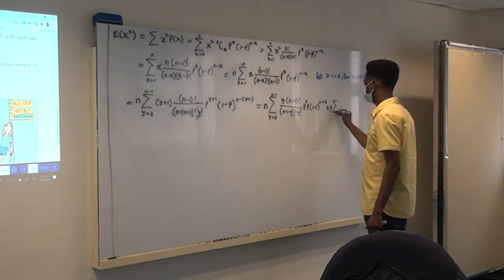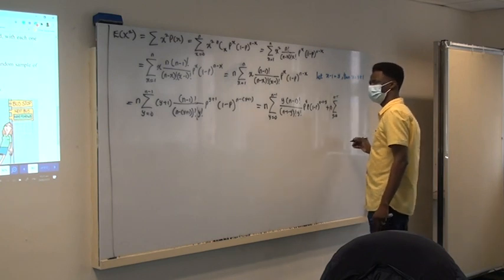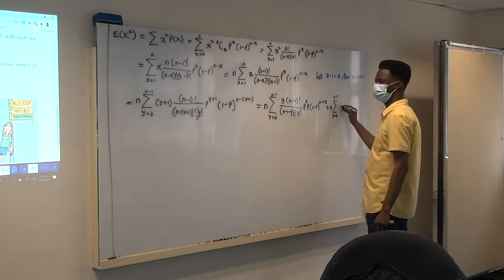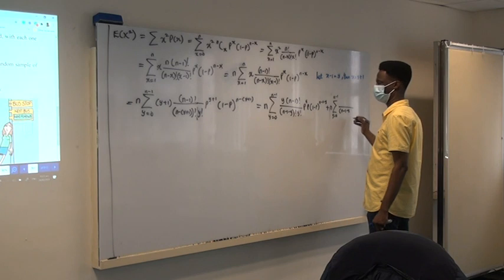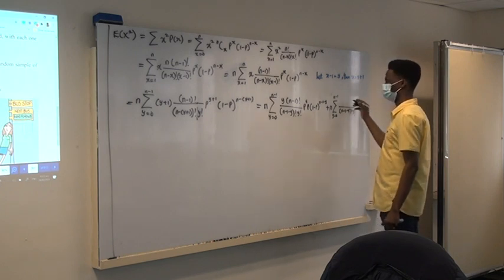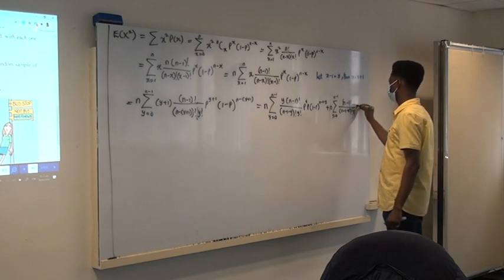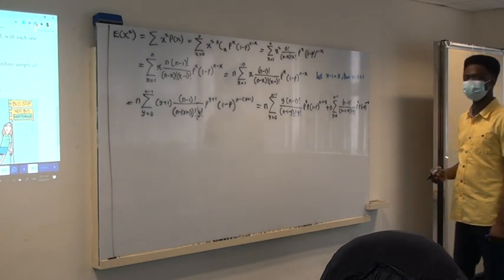Yes. So this is y equals 0 to n minus 1. So this is n minus 1 minus y. Yes? Please tell me if I've made any mistake yet. y factorial at the top, n minus 1 factorial. Again, p to power y, p, 1 minus p, n minus 1 minus y. Yes?